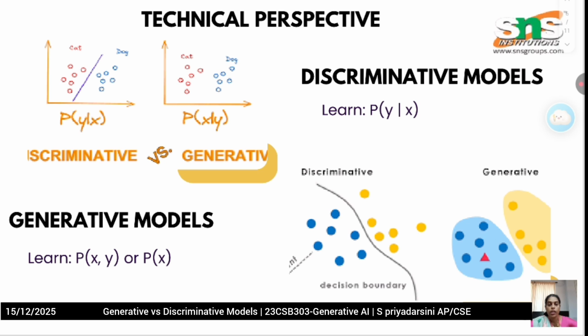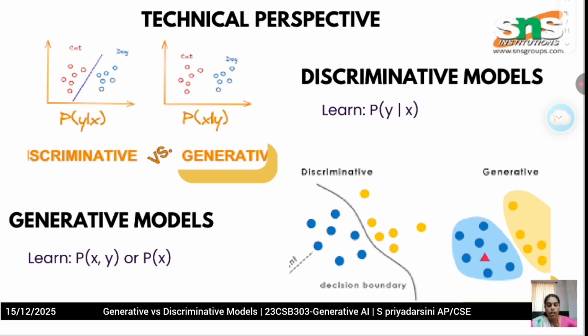Here is the technical perspective of both models. Let us now look at the technical difference. Discriminative models learn the conditional probability, which is written as P of y given x. This means, given input x, what is the probability of label y. A generative model learns the joint probability, written as P of x comma y, or sometimes P of x alone.